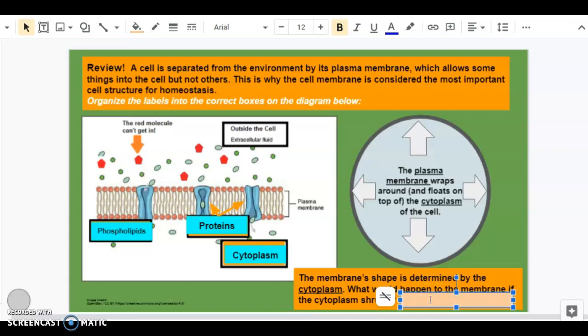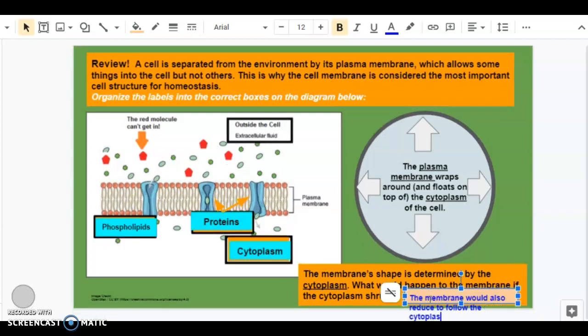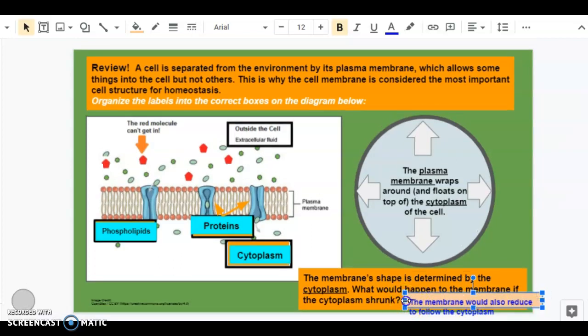Well, the membrane floats on top, so the membrane would also reduce to follow the cytoplasm on which it floats. And we're going to see exactly that happening later on in the presentation.